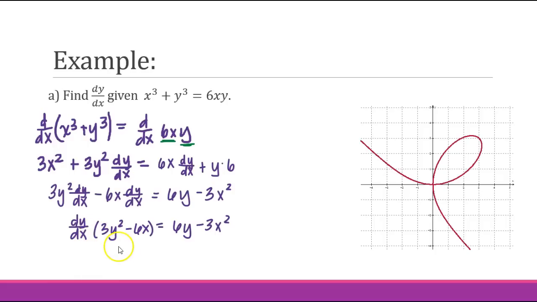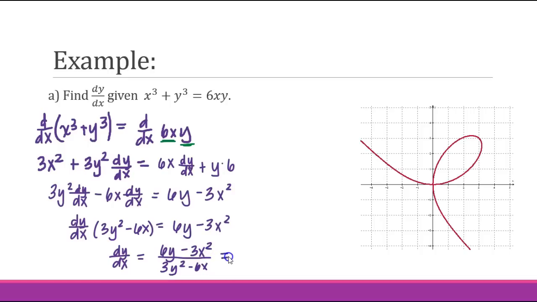So I'm going to divide now to get dy/dx by itself. So dy/dx equals 6y minus 3x squared over 3y squared minus 6x. It's important to note that we could have an answer that looks really similar to this that is correct, and what's really happening is we're just moving the negative around in the problem.